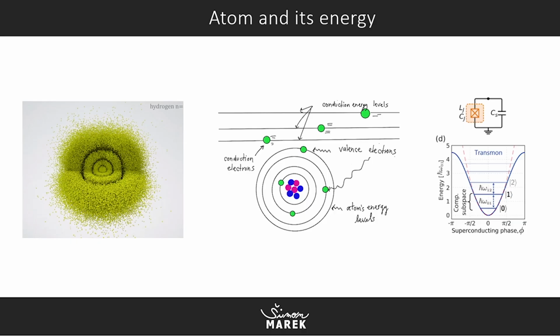So if we add some electrons, we can push our transmon to a higher state, we can excite it to a higher state, and this is the picture on the right side, where we control our transmons by adding electrons.